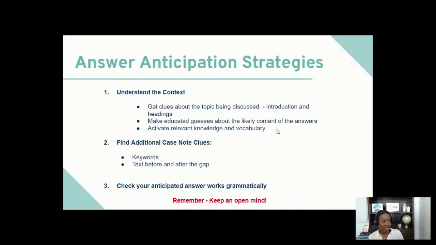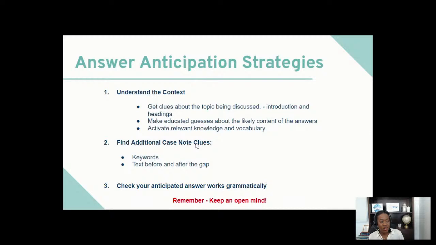Then you're going to make an educated guess as to what the likely answers might be based on understanding the context. What you'll be doing in effect is activating your mind to recall relevant knowledge that you have and relevant words and phrases that might associate with a consultation of this type.